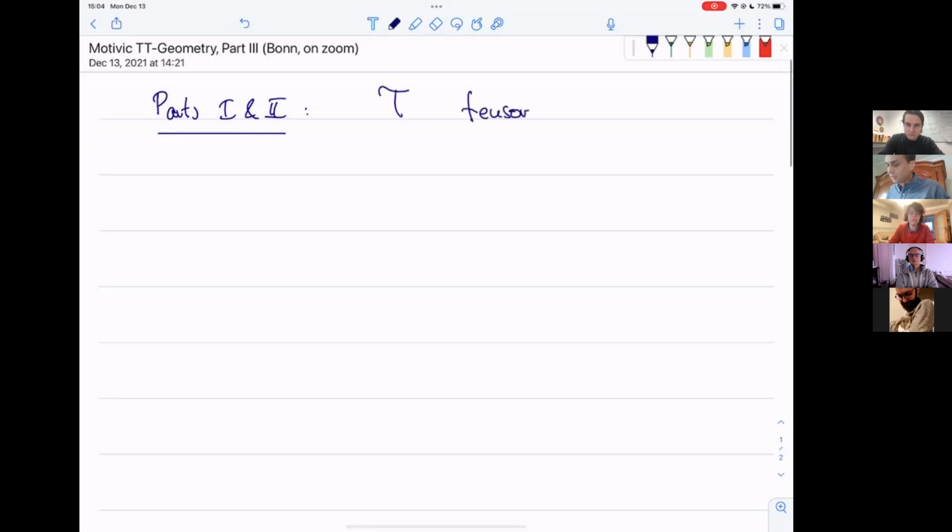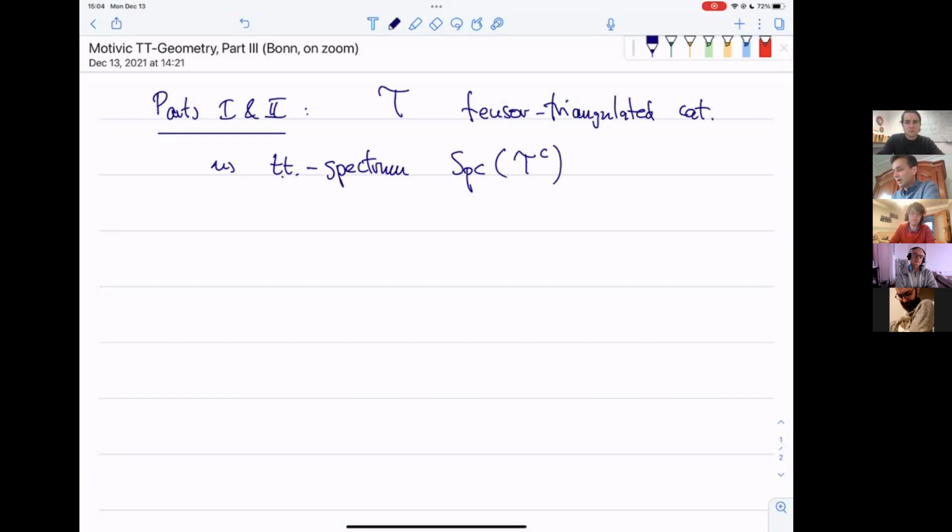So the homotopy category of some homotopy theory, that's for the triangulated, the stable homotopy category, in the presence of a tensor structure, and out of that to produce a space called the spectrum, the tensor triangular spectrum, of the small objects. So here we focus on the C is for compact, but typically we assume that they agree with the so-called rigid or strongly dualizable objects. Don't worry about that, just think the small objects, which is a topological space.